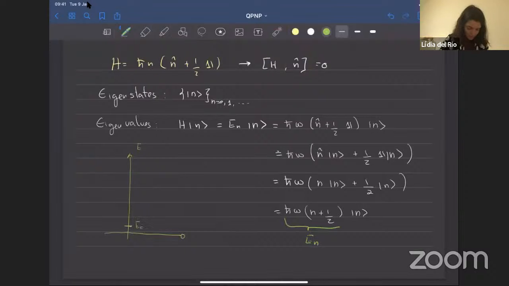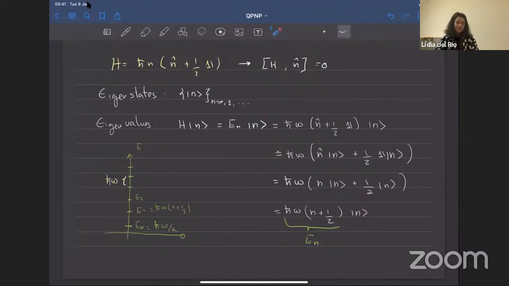So E_0 is ħω over 2. Then we have E_1, which is ħω(1 + 1/2). And then they're all equally spaced, up and up we go. So we have E_2 and so on. Meaning that this gap between different energy levels is always the same. So this is always ħω.